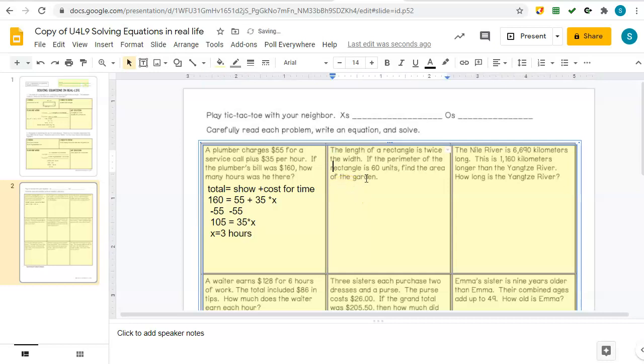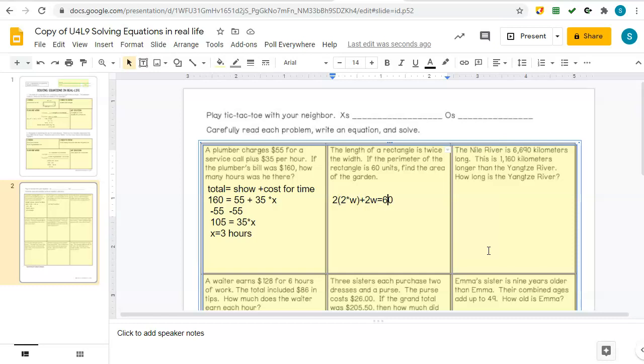Next one, the length of a rectangle is twice the width. If the perimeter of the rectangle is 60 units, so let's figure out that. Well, we've got 2 lengths plus 2 widths, and that has to equal 60. But the length is twice the width, so let's go ahead and figure that out. We get 2 of 2 w's plus another 2 w's.